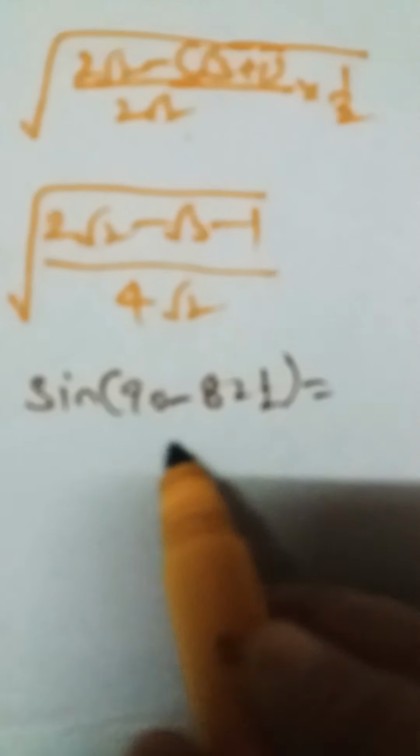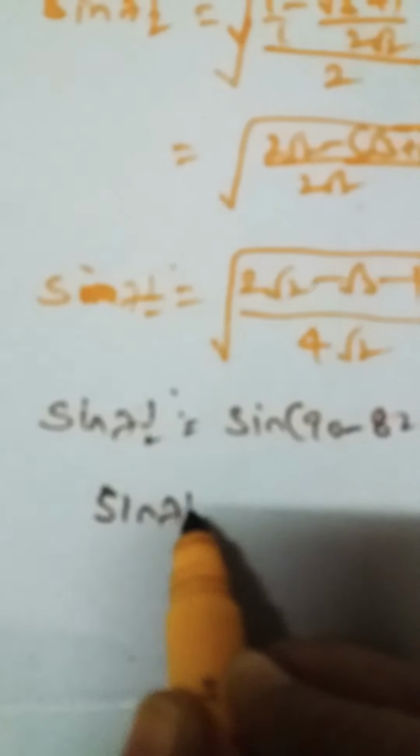Now it is in the form of sin(90 minus theta), that is cos theta, that is cos 82.5 degrees. So sin 7.5 degrees is equal to cos 82.5 degrees, which is equal to square root of (2 root 2 minus root 3 minus 1) divided by 4 root 2. So this is the value.